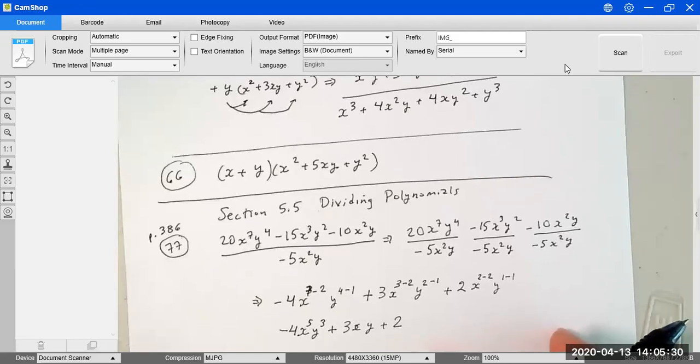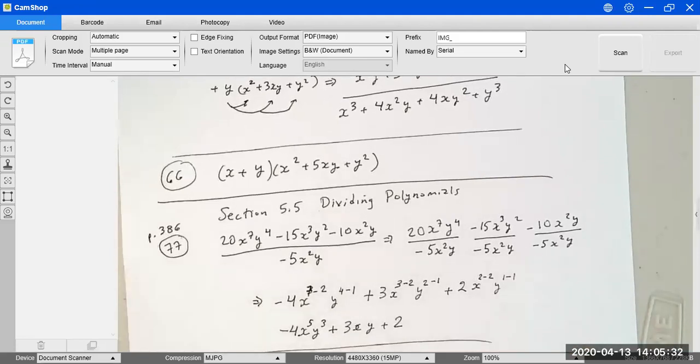So that's the answer. So now you're going to solve another problem like this, and then we're going to move on to the next section.